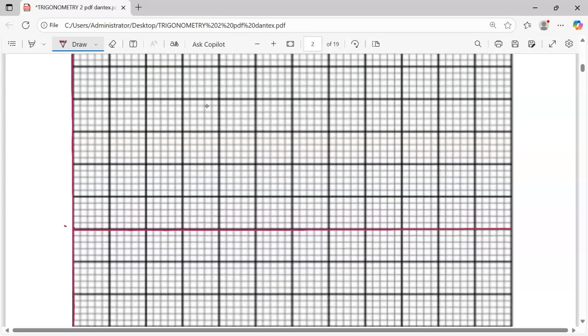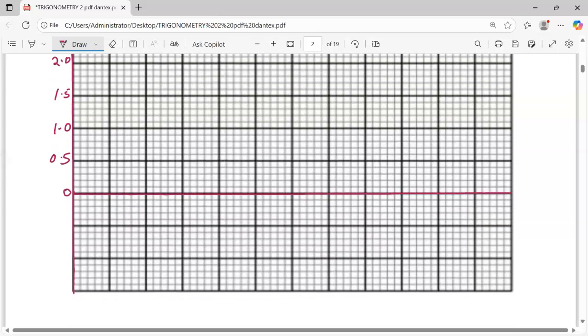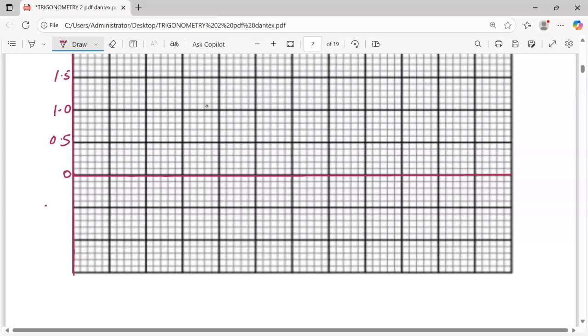We are going to begin at point 0 here. Then we have 0.5, next is 1.0, 1.5, and lastly we have 2.0. We are also going to move downwards to negative 0.5 and also negative 1.0.